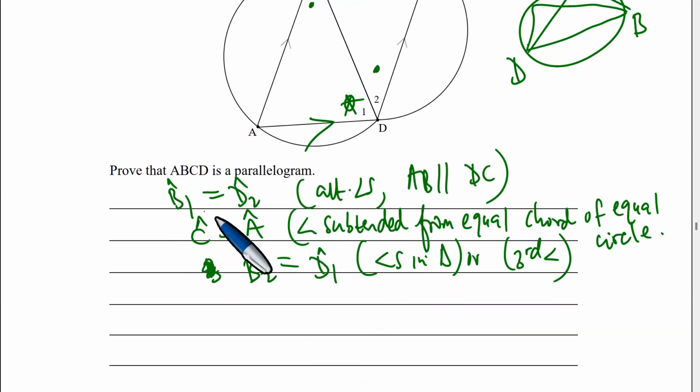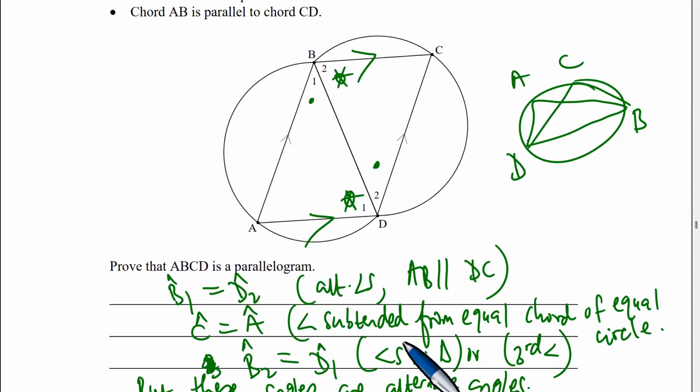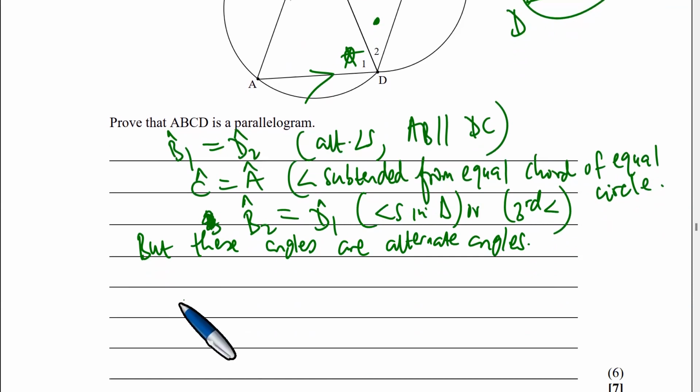In other words, these angles are alternate angles. And because these are alternate angles, this equals this, that means BC is now parallel to AD. That means BC is parallel to AD.